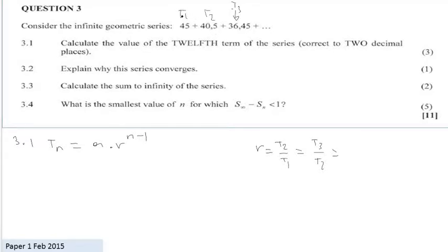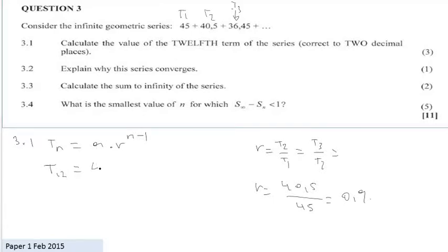Let's use T1 and T2 to determine R. So R is equal to 40.5 divided by 45, so the value of R is 0.9.